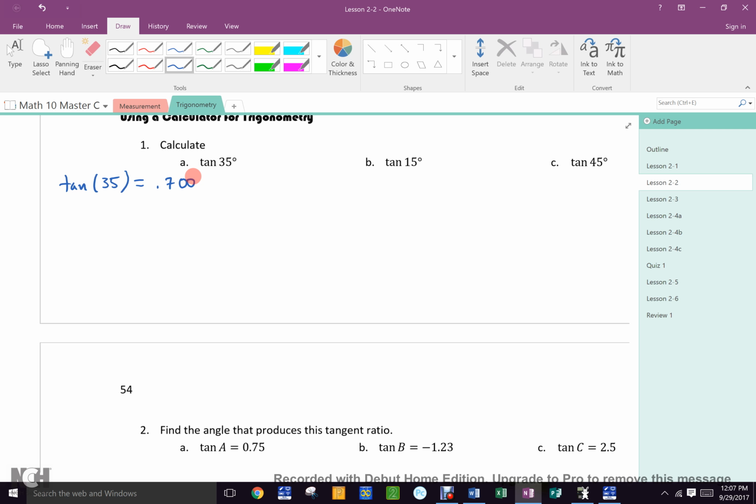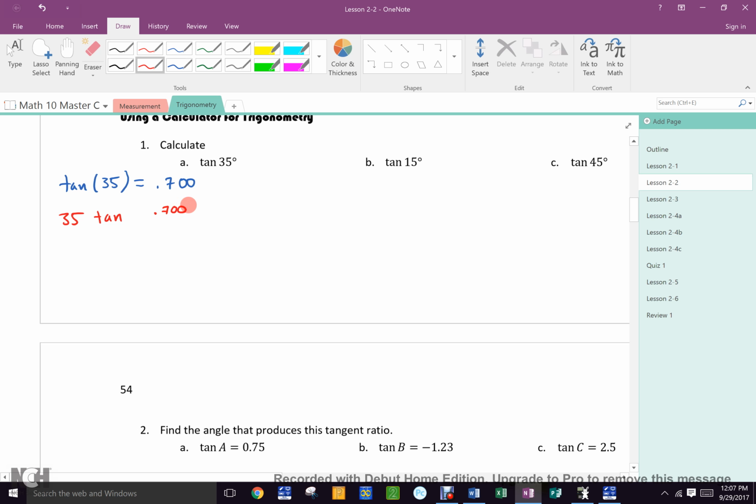Okay, everybody, please. Now, if your calculator doesn't write the word tan, you must reverse this order. You will push 35, then the tan button, and you will not push equals. And your calculator will show 700.